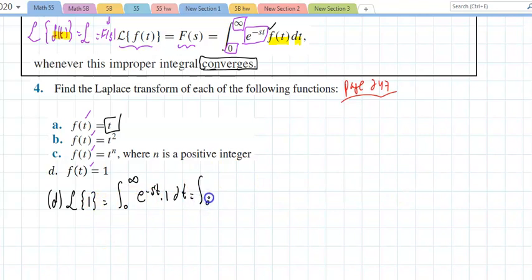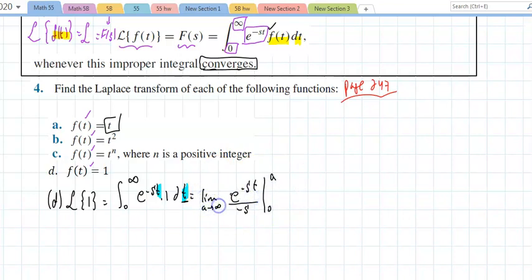This is the integral: e to the negative st divided by negative s, because I'm integrating with respect to t. As far as t is concerned, s is a constant, right? That is the actual integral. I'm going to evaluate that from t equals 0 to t equals, let's say, a, and I'm going to take the limit as a approaches infinity.